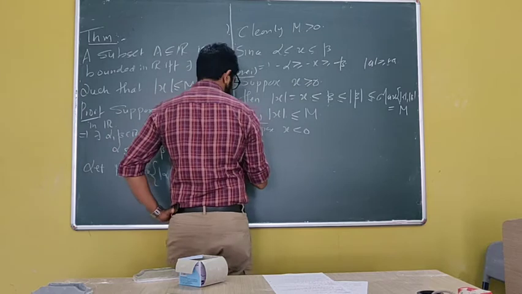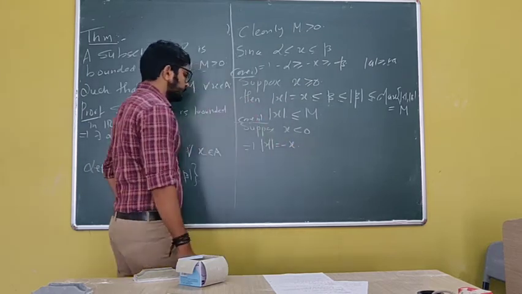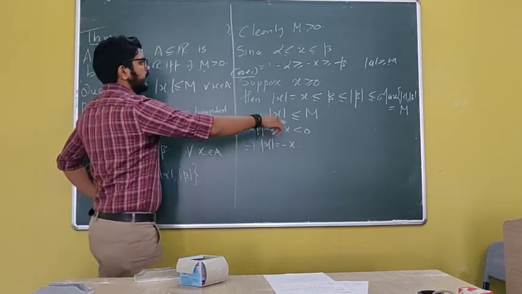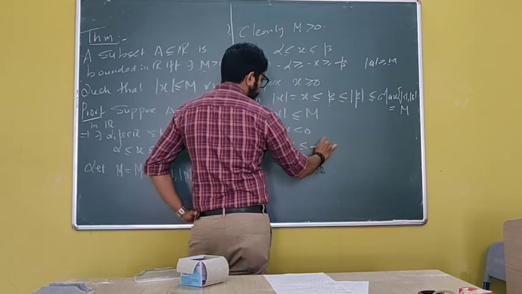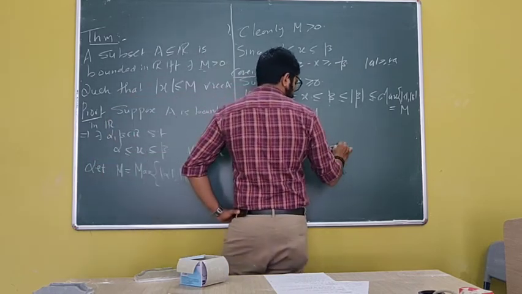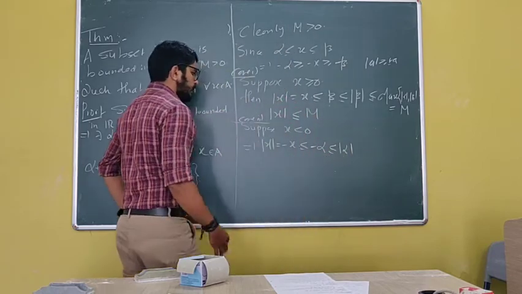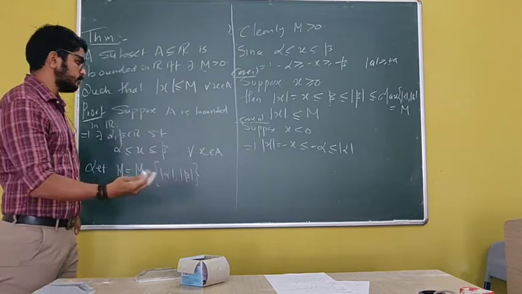Suppose x is negative. This will imply that modulus of x is negative of x. But we have seen that negative of x is less than or equal to minus alpha. But this is always less than or equal to its modulus. Any number's modulus is bigger than or equal to plus or minus of the same number.